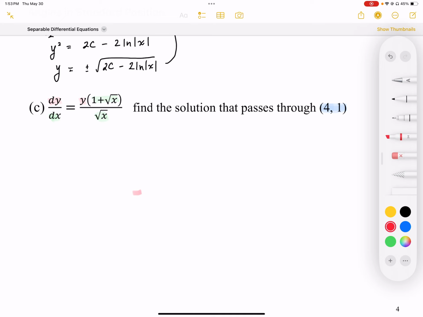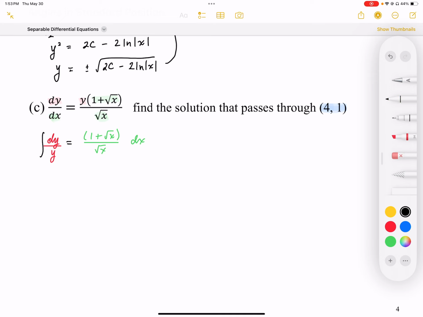So I get dy, I'm going to divide by y on the left side. That's going to be equal to 1 plus root x all over root x dx.